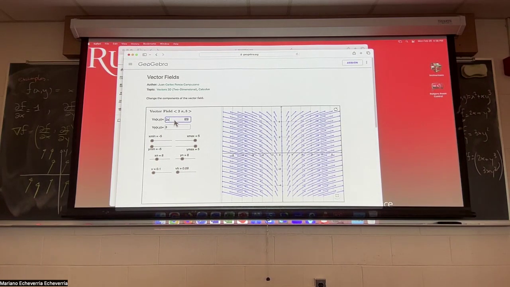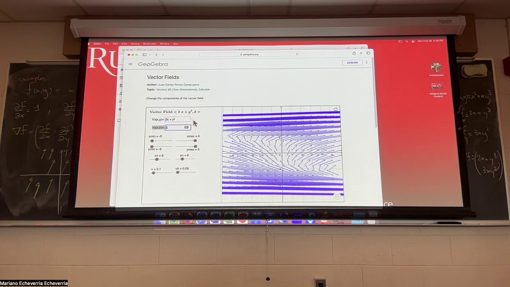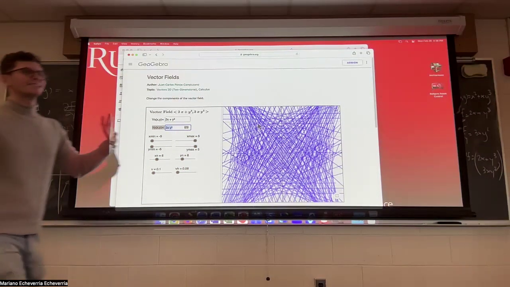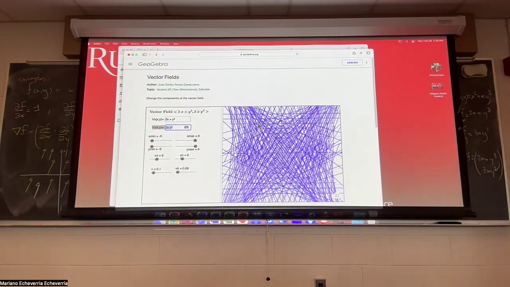So you can put something like this, hopefully that can still be done in the animation, and then 3 times x times y squared. And then all this is a lot more chaotic, maybe not the right word, but harder to understand.